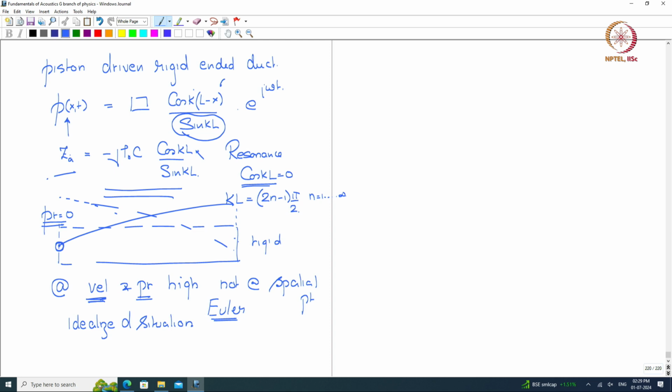Okay. The thing is that you have a duct over here and you are driving it with a piston with a certain velocity, but we never spoke of what is backing or supporting the piston. Okay, what is the piston made of?